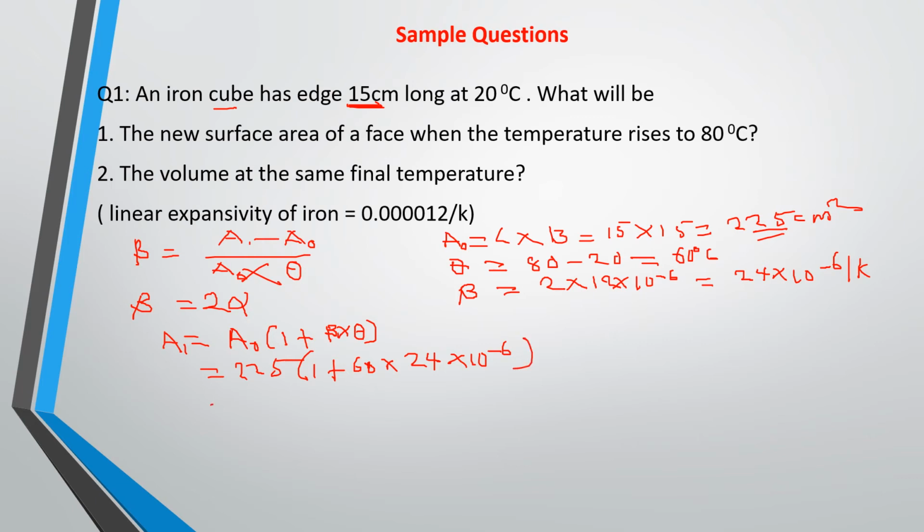So if you work this out from your calculators, you are going to have that the new area will be 225.3 centimeters squared. This is what you are going to have.